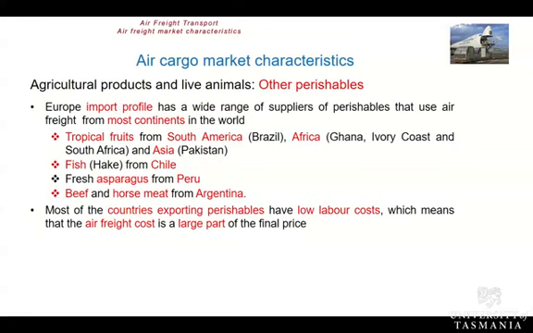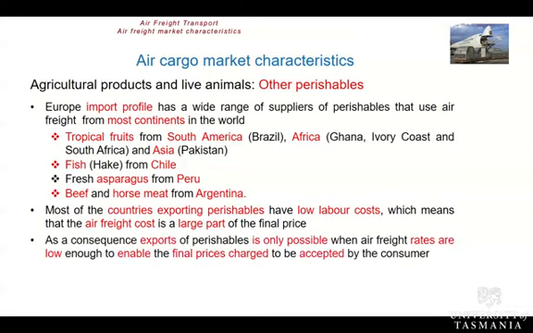One of the characteristics, if you look at most of those particular countries, which is consistent with this export of perishables, is that the majority of these countries have low labour rates. So low labour rates is an opportunity to keep the price of the product as low as possible, which actually means that the air freight is going to be the largest part of the price that's paid by the consumer at the other end.